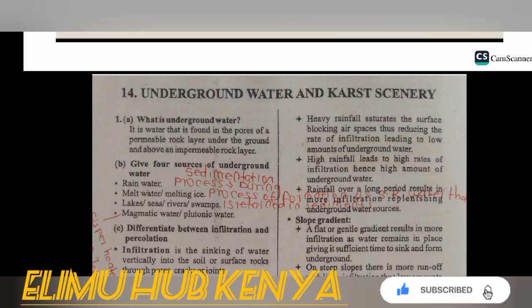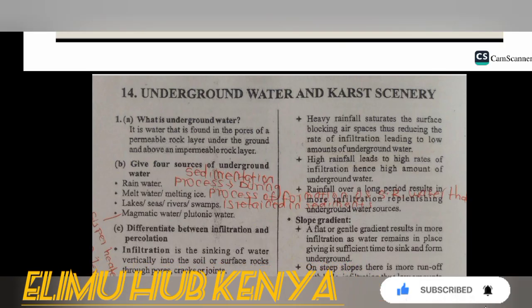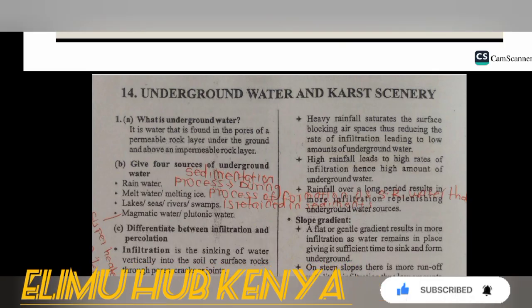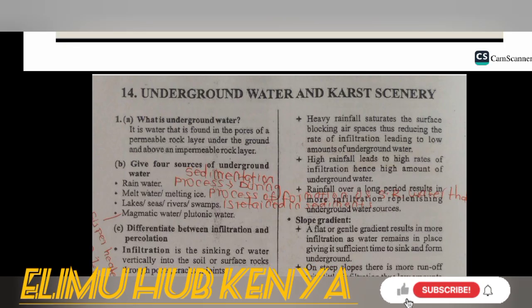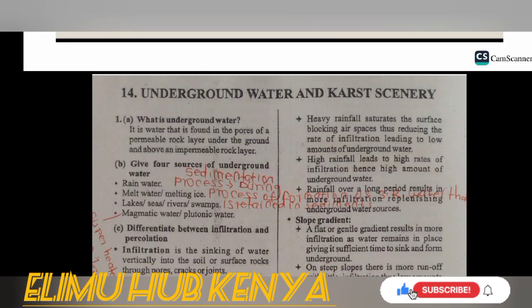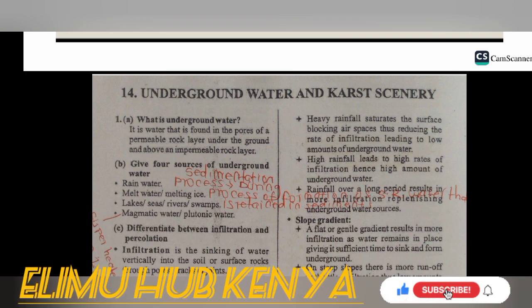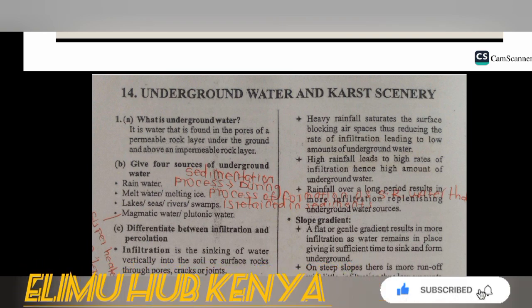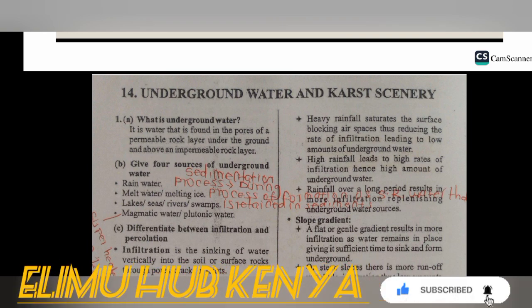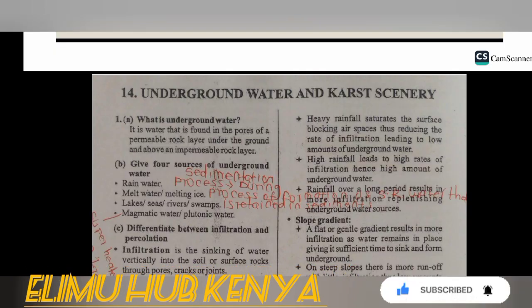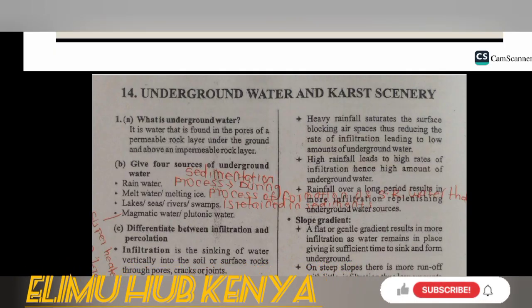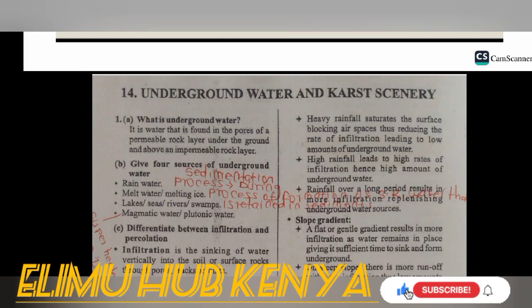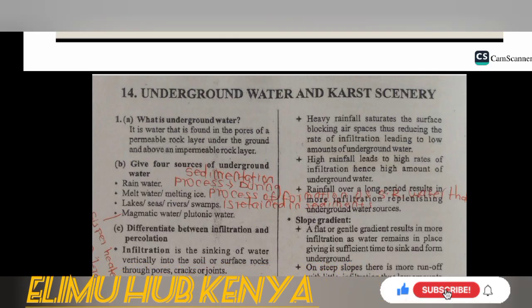Now when you talk about underground water, in layman's language it just refers to that water that exists below the surface of the earth, and is normally contained in the available air spaces in the soils and in the rocks beneath the earth's surface. Are we together? For a comprehensive definition, it is water that is found in the pores of the permeable rock layers under the ground and above the impermeable rock layer.